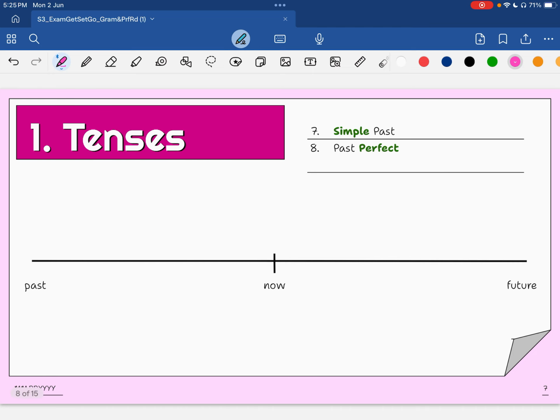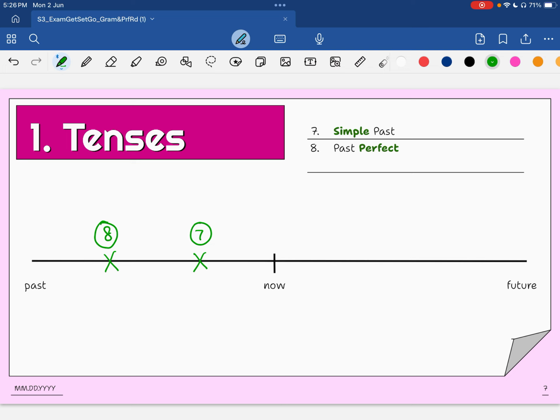And for the last pair, simple past and past perfect. This time I would mark 2 crosses in the past. And for the first action, it would be past perfect. And for the second action, it will be in the past.